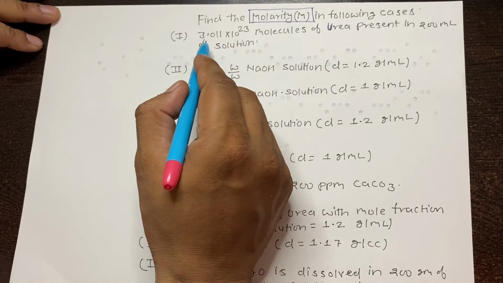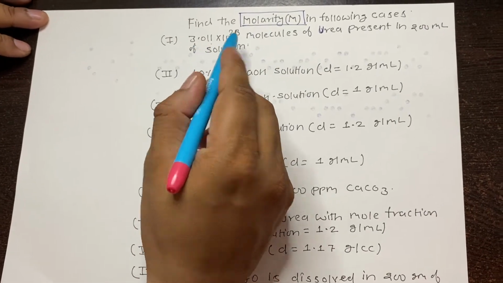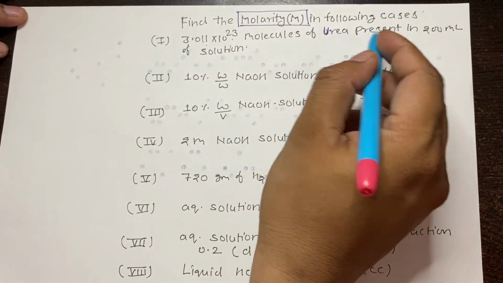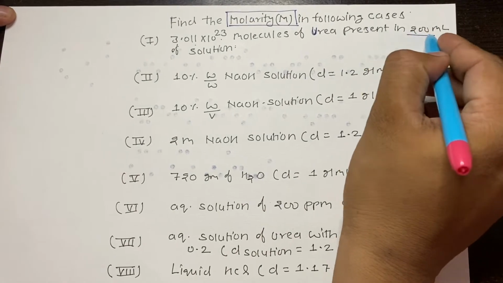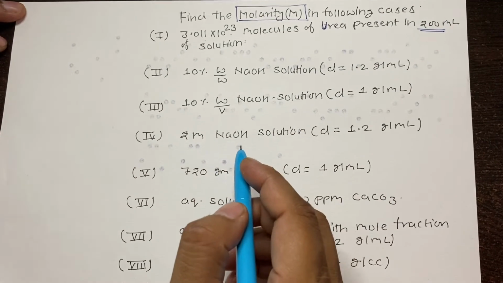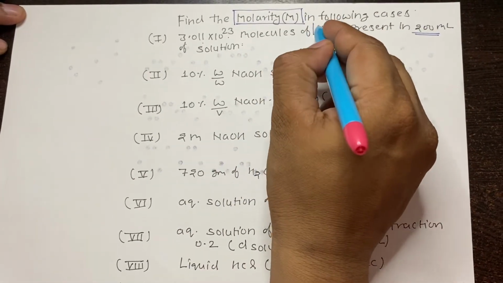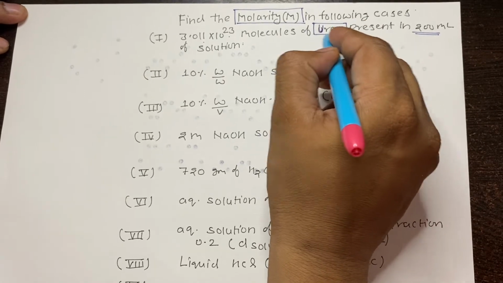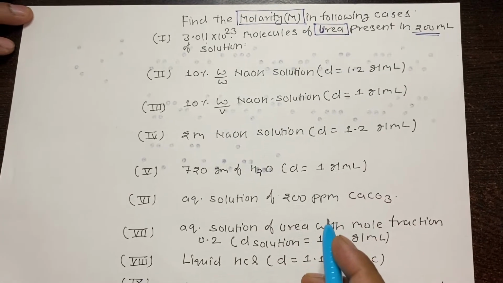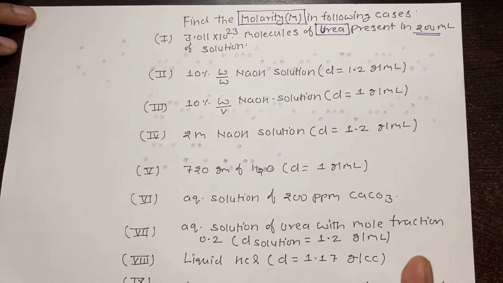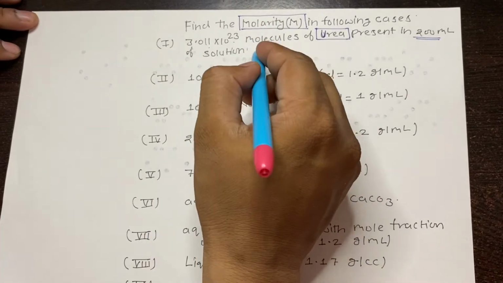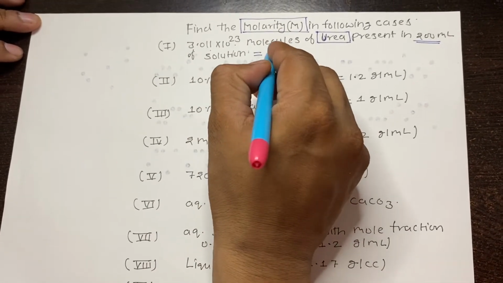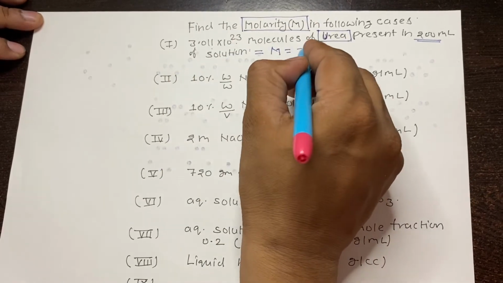The first case is given as 3.011 into 10 to the power 23 molecules of urea present in 200 ml of solution. Sometimes students try to find the formula of urea, but there is no need to. We can directly calculate, as the definition states, the number of moles.